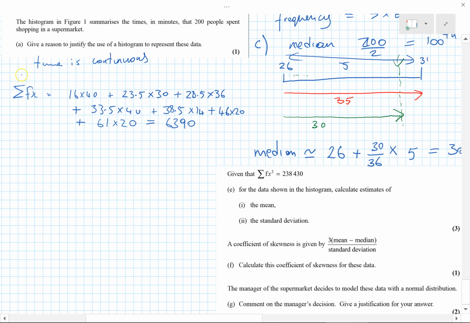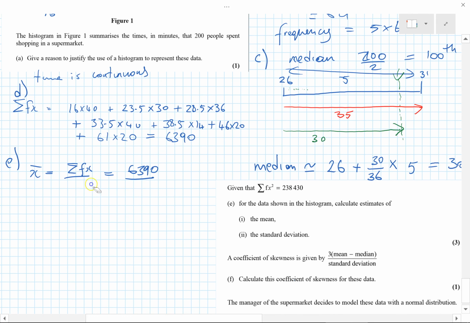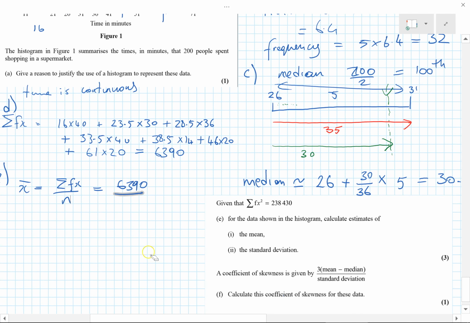So this was the answer to D. E, the mean is equal to sigma fx over n, or sigma f, so that's equal to 6390, and the total number was 200, so that's over 200. Okay, and that equals 31.95.